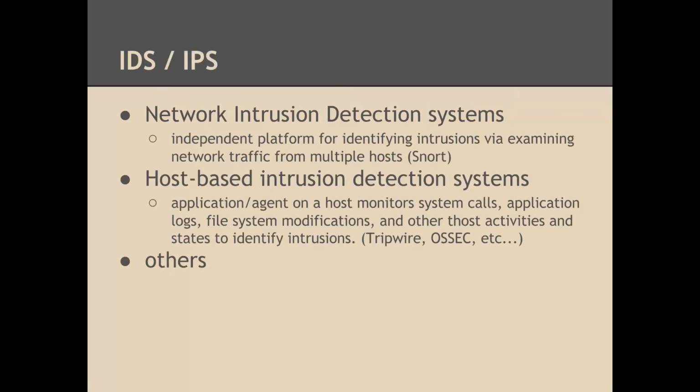There are two types of systems here for intrusion detection systems and intrusion prevention systems. There are network-based ones and there's host-based ones. The network intrusion detection systems, sometimes just called NIDS, are independent platforms.